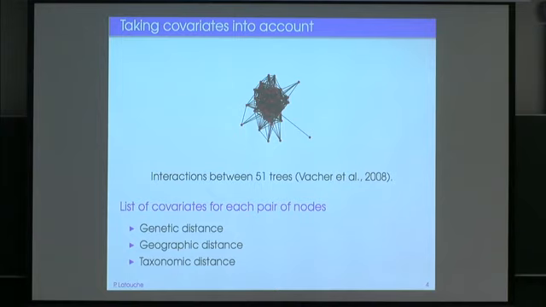So this is the given information, and we also have a set of covariates. For each pair of vertices, we've got the genetic distance between the trees, the geographic distance, and the taxonomic distance. So you want to consider random graph models capable of taking these two sources of information into account. That's basically the idea of this talk.